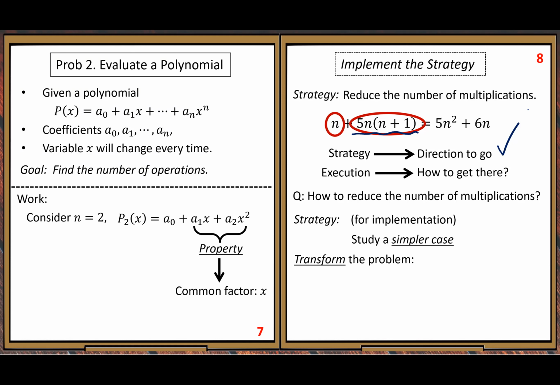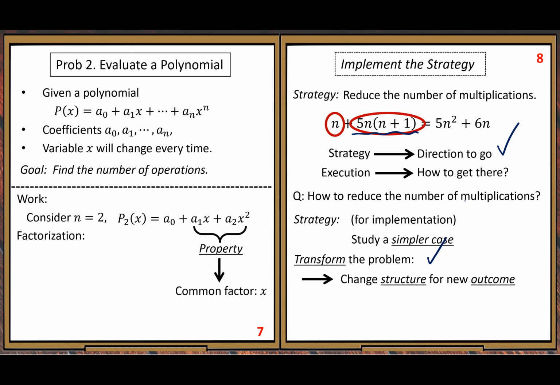Then you can take advantage of different properties to get a better result. So this transform step is important. Let's look at how we change the structure for a new outcome.